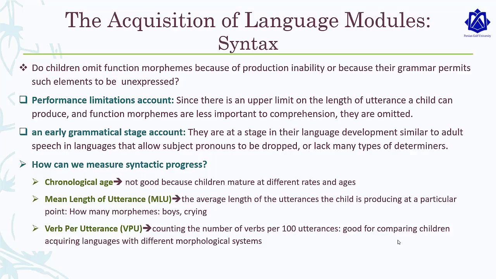Another measurement is mean length of utterance. That is, the average length of utterances that the child produces. How many morphemes do they produce?